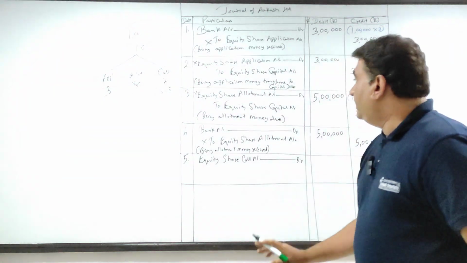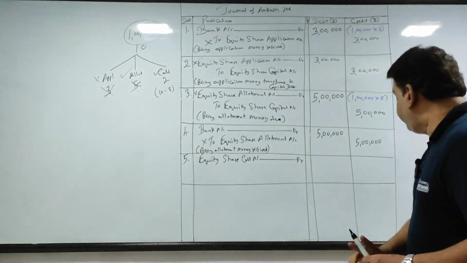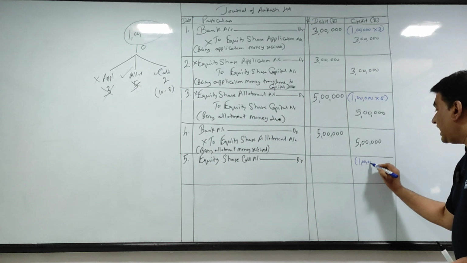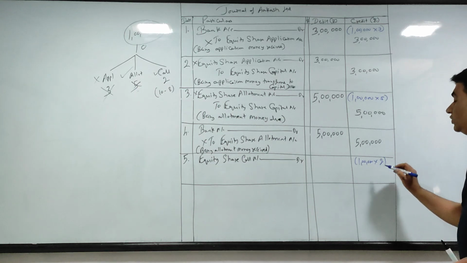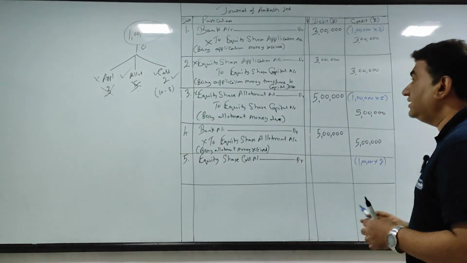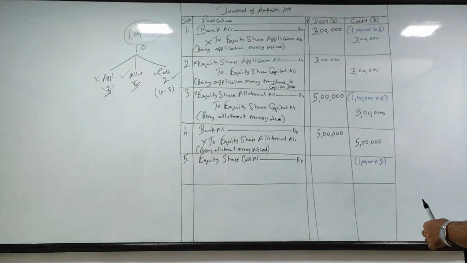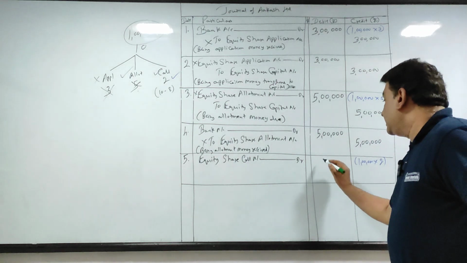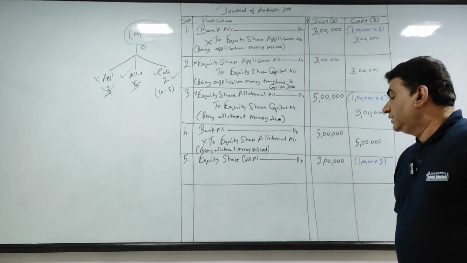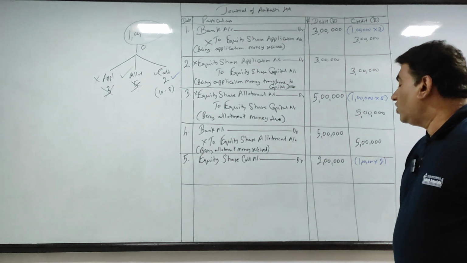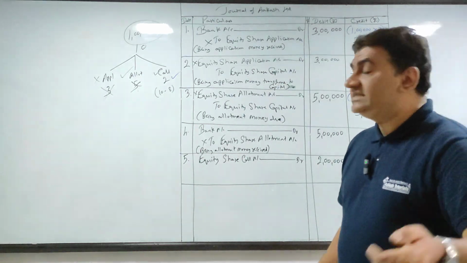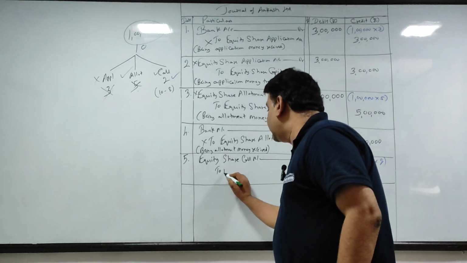So equity share call account, and how much money will it be? Money will be 1 lakh into 2. How did 2 come? What we decided in the starting: application 3, allotment 5 and call 2. So 1 lakh into 2, that is 2 lakh. So equity share call account debit 2 lakhs, and this is receivable against capital.